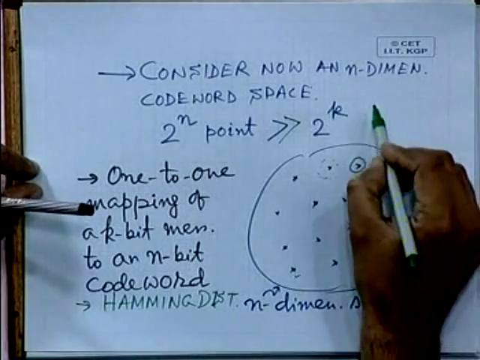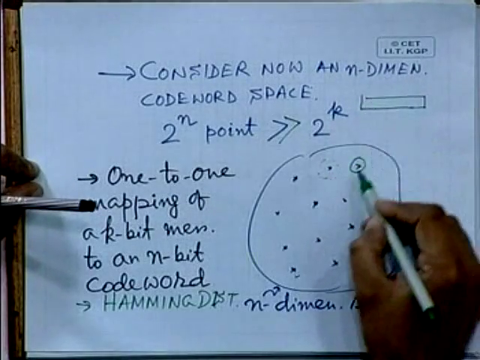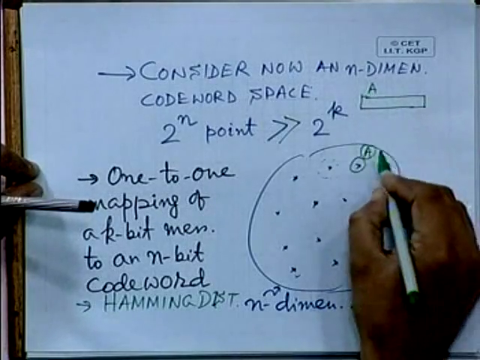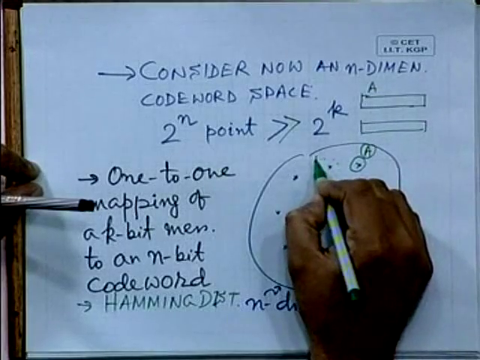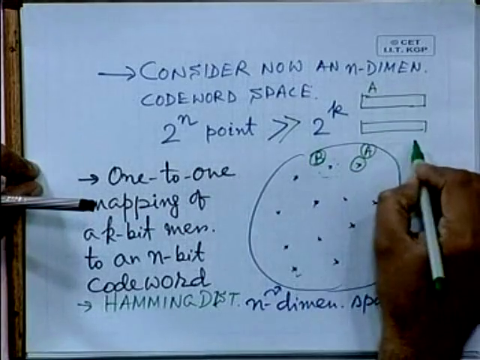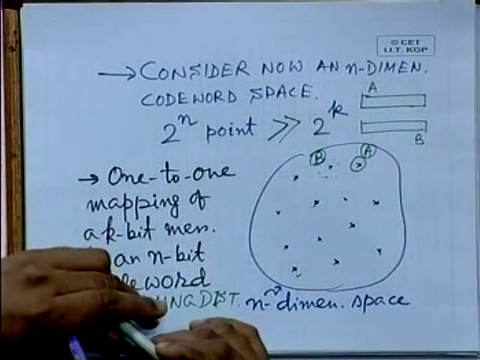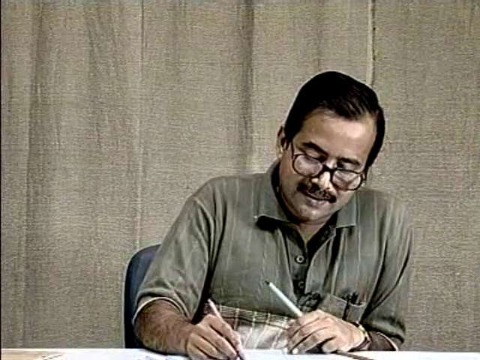So, say for point A, and if I call this point B, for point B I have these 2 blocks of n bits. Then there are n bits in each of them.